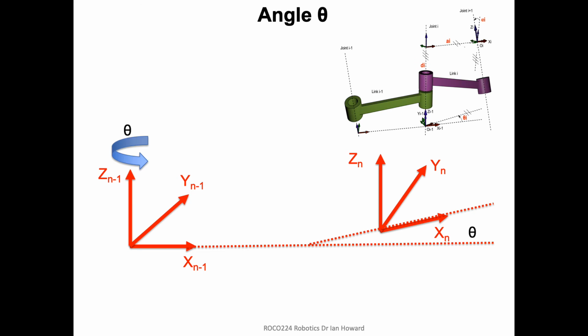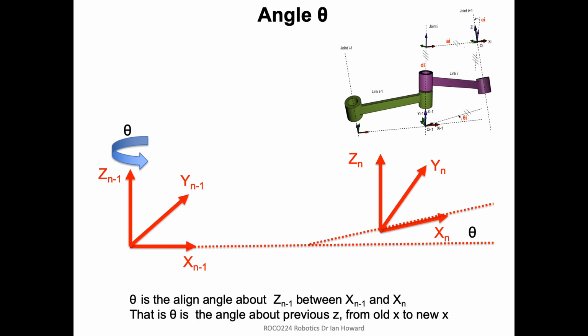So the angle theta is another rotational angle, this time around the first joint. It basically says how much you rotate around the first joint to align the past x-axis with the new one. By rotating it by theta here, we can align the x-axis of the second frame with the first frame. Basically, that's what it comes down to. And typically in a revolute system, theta is going to be the control variable.